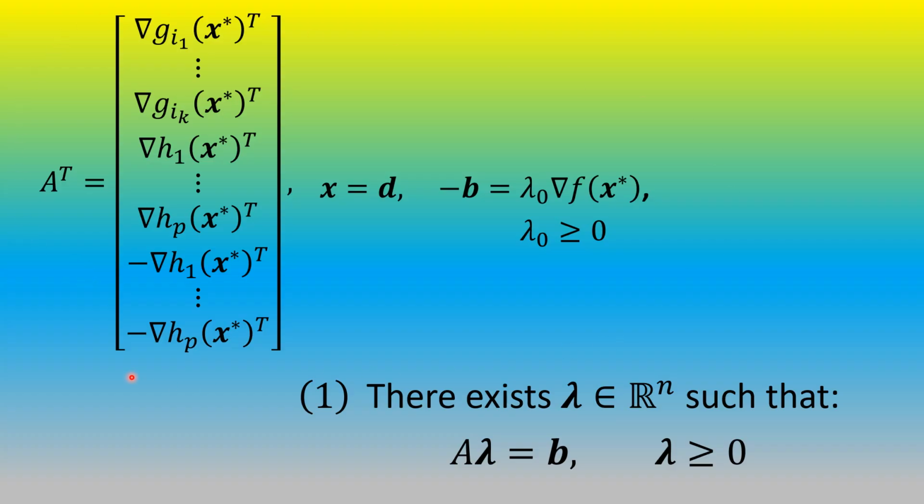Therefore, 1 must be true, the primal condition, in which you have multipliers of matrix A is equal to B, where these multipliers, the vector lambda, are greater than or equal to 0.